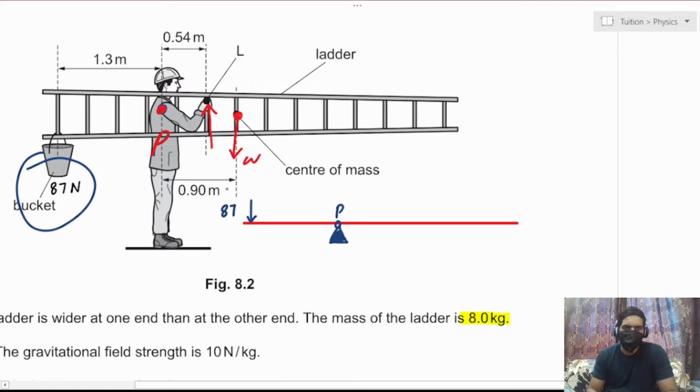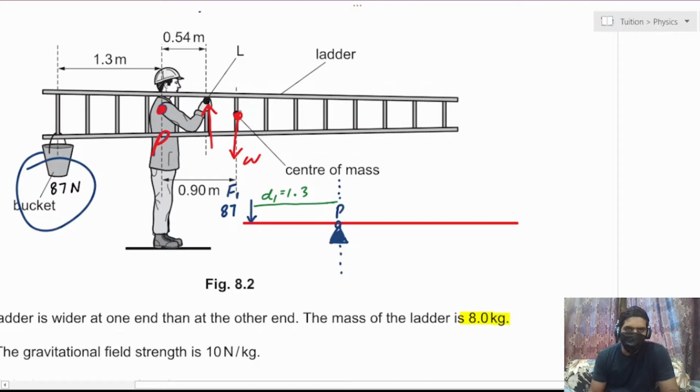You could call it F1. So F1 is 87 Newton, and the distance between the force F1 and the pivot is 1.3, and you could call it D1, the distance of the first force from the pivot.